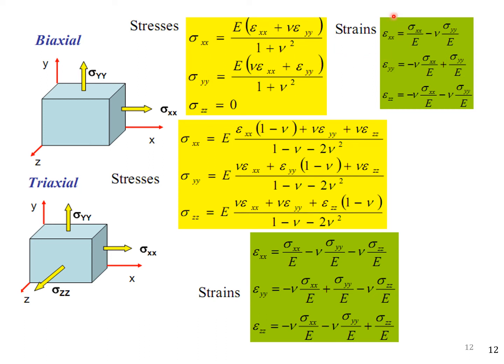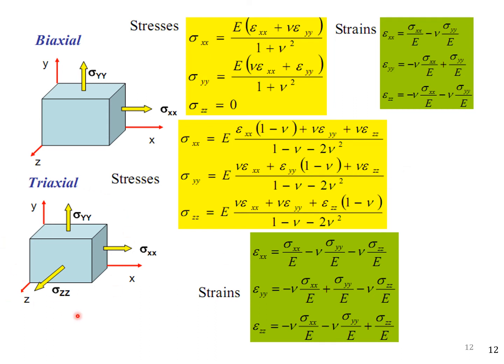So the cumulative strain will be equal to, for example, epsilon xx will be equal to the sum of strains caused by sigma xx plus sigma yy. Similarly, epsilon yy will be equal to the sum of strains caused by sigma xx plus sigma yy, and epsilon zz will be equal to the sum of strains caused by these two.